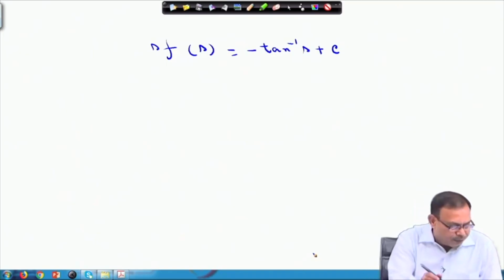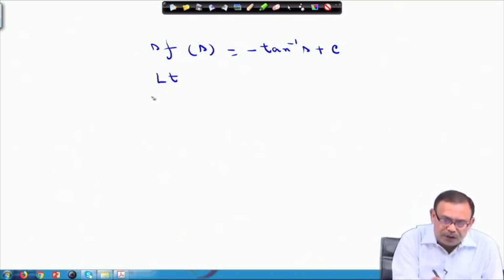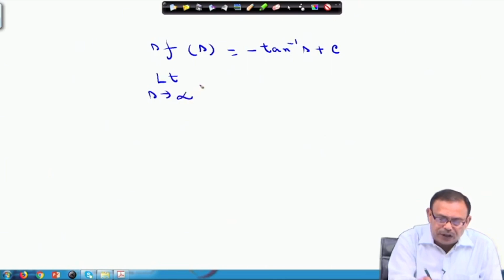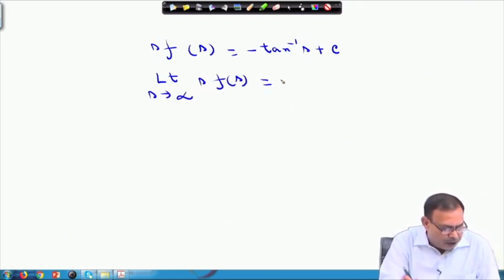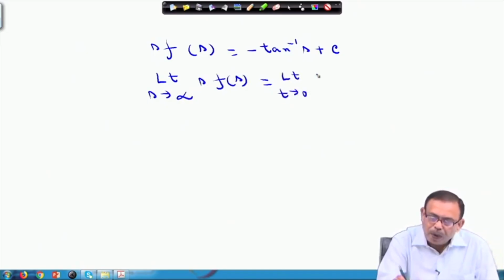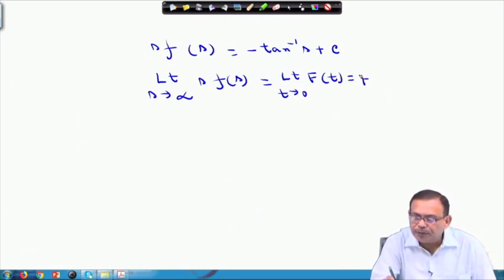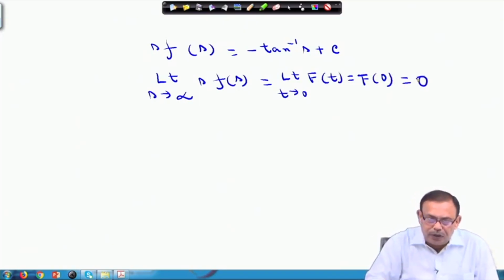If you remember, the limit as s approaches infinity of s F(s) equals the limit as t approaches 0 of f(t). The limit as t approaches 0 of f(t) is f(0), and already we know your f(0) is 0.